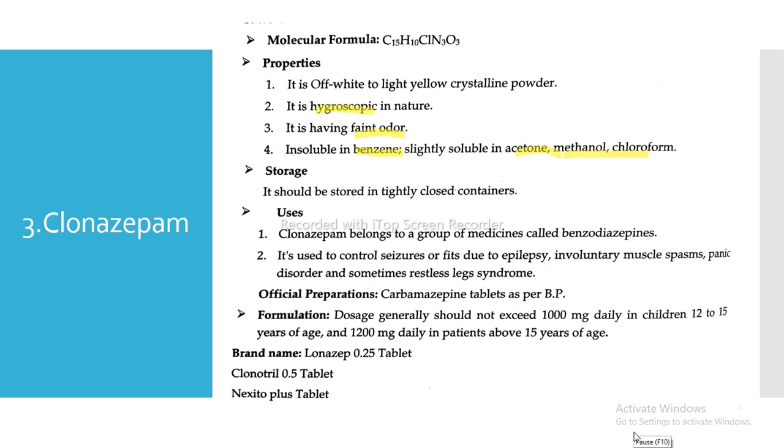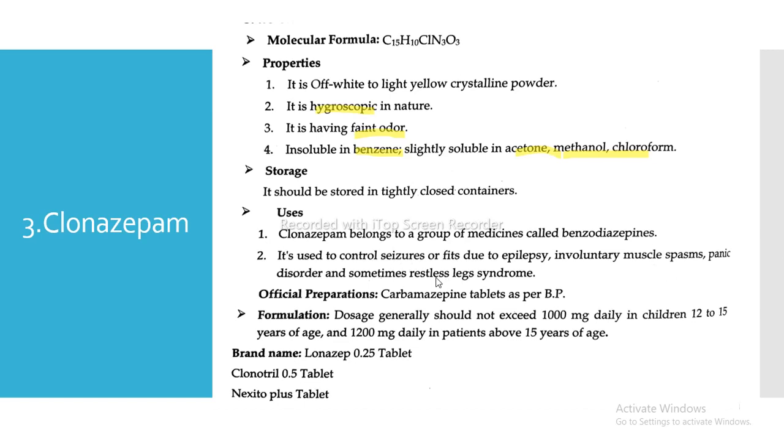Second use is it is used to control seizures or fits due to epilepsy, involuntary muscle spasm, panic disorder, and sometimes restless leg syndrome. So what is spasm? Spasm is the pain you get after lifting a heavy load or weight; that is involuntary muscle spasm.